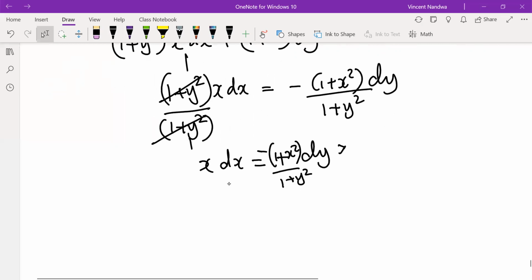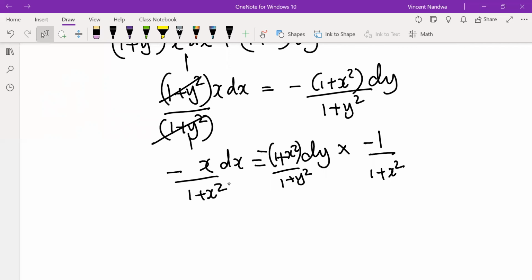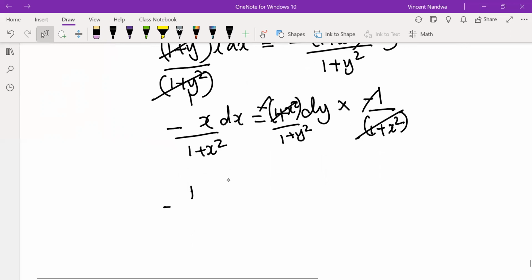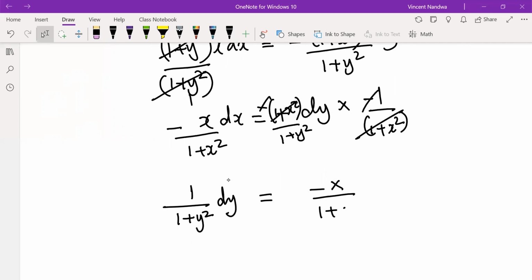And then again, you multiply this one by negative 1 over (x plus 1), x squared plus 1. So this will be negative (1 plus x squared). So negative and negative cancel out. So we have 1 over (1 plus y squared) dy equals negative x over (1 plus x squared) dx.